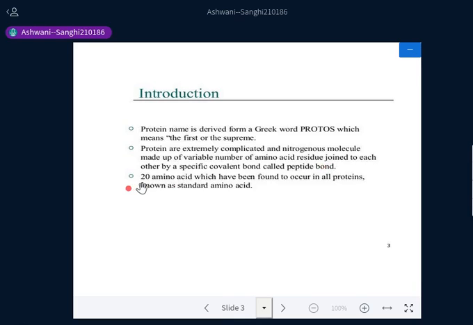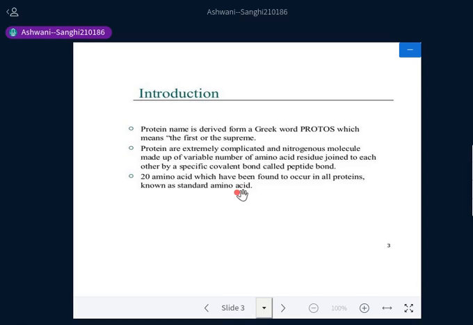In nature there are more than 300 amino acids, and out of these, 20 amino acids which have been found to occur in all proteins are known as standard amino acids.